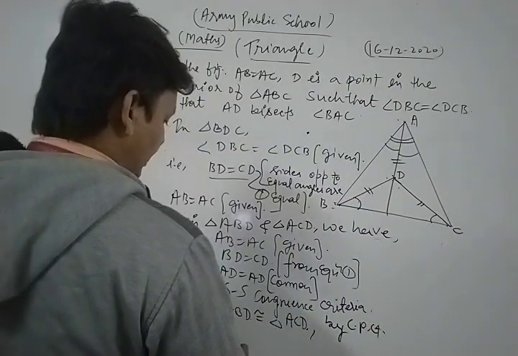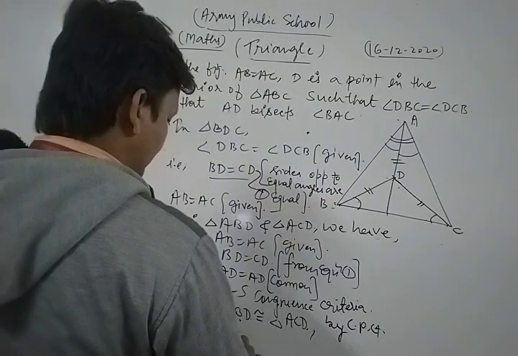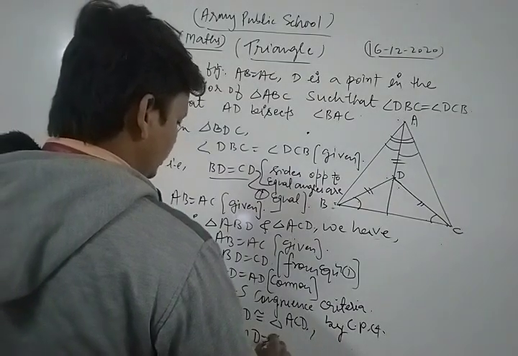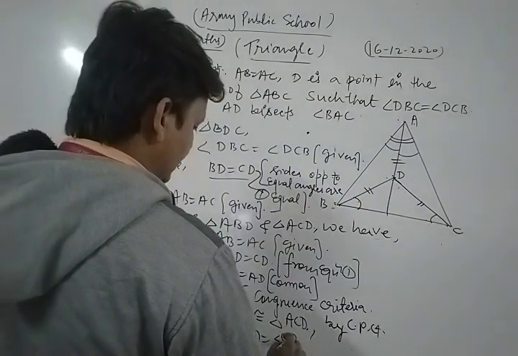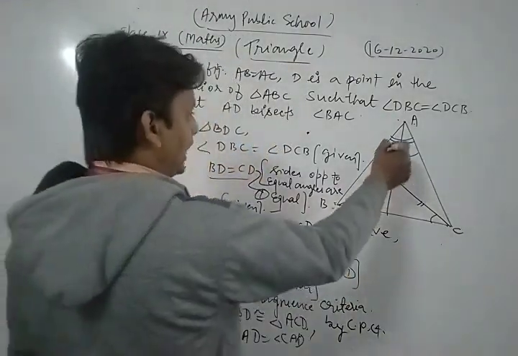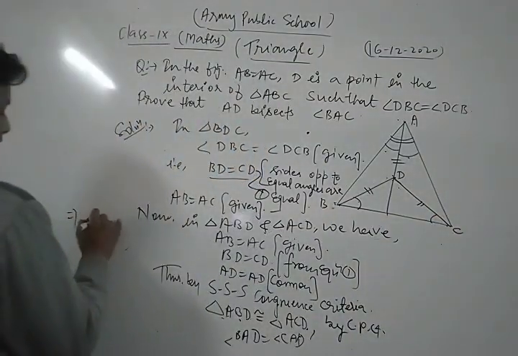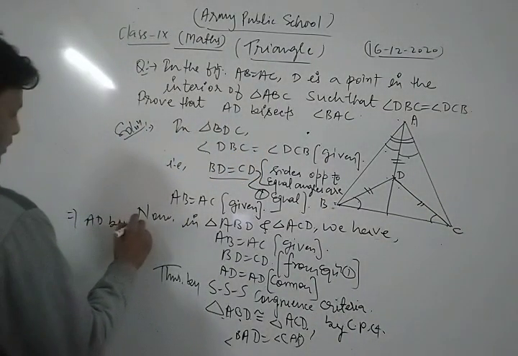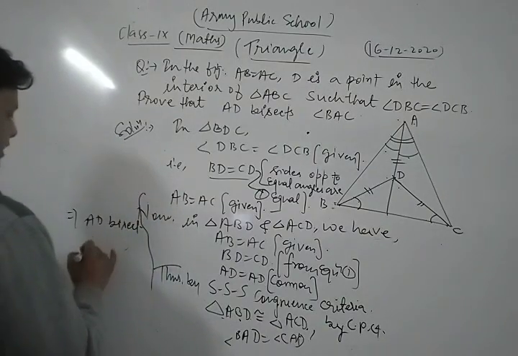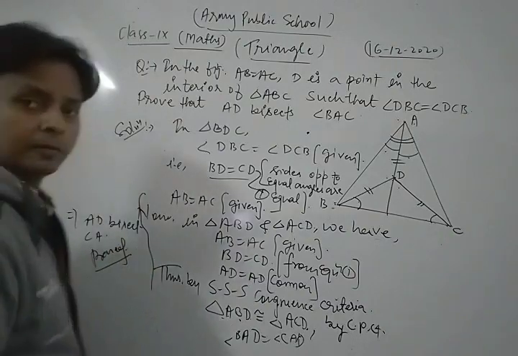Okay, angle BAD is equal to angle CAD. Hence, if that angle is equal to that, we can say that AD bisects angle A. Hence proved.